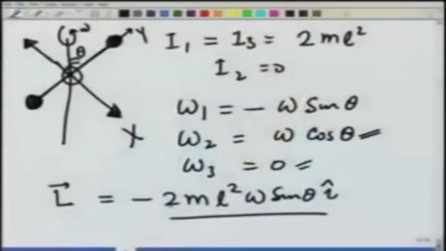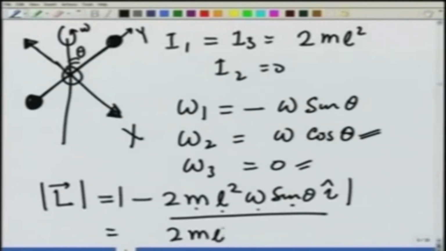Now, as far as the mass, length, omega and sine theta are concerned, these are constants. So, the magnitude of angular momentum is going to be 2ml square omega sine theta, and the magnitude remains constant. So, the only change in L occurs because it is rotating about an axis.